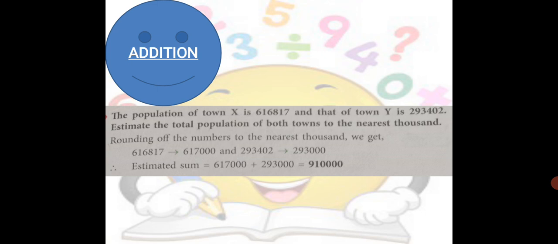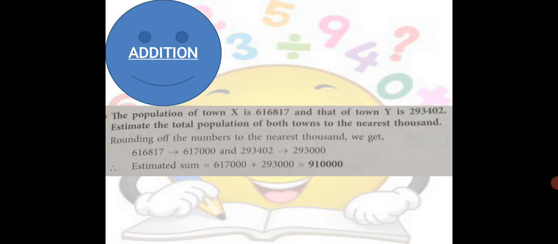addition word problem. Here we will implement rounding off as well as estimation within this problem. Let me tell you about the problem. Problem number 1. The population of a town X is 6,16,817.